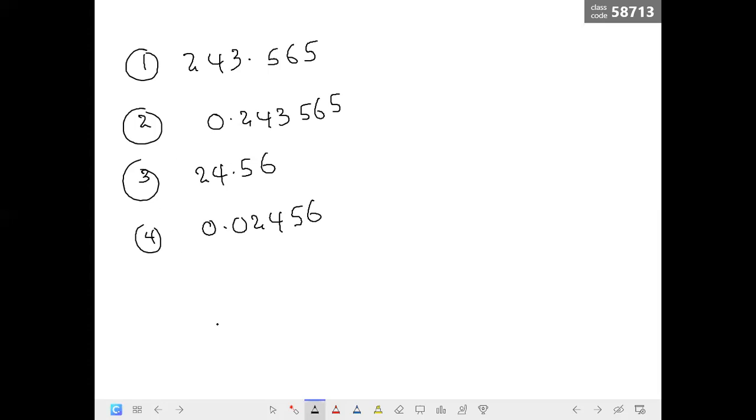We can write these numbers like this. To here, we have to move 2 digits towards the right side. 2.4355. We move 2 digits, so therefore 10 to power 2 exponent.